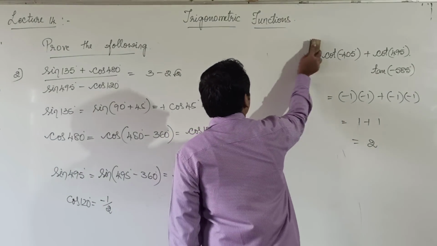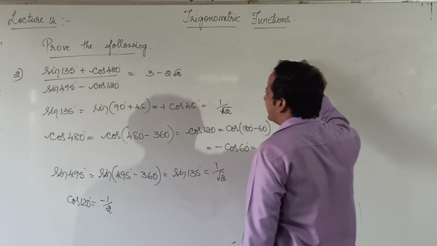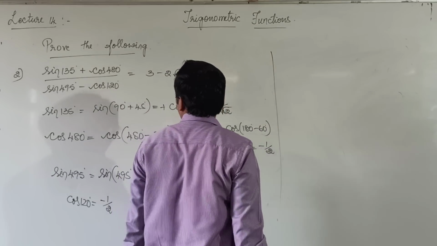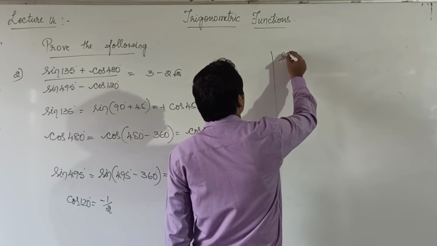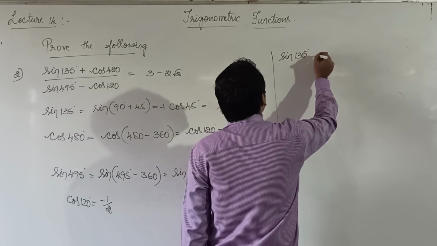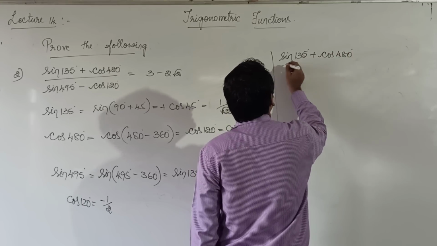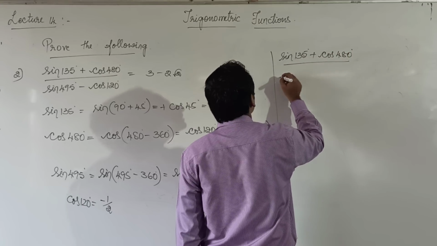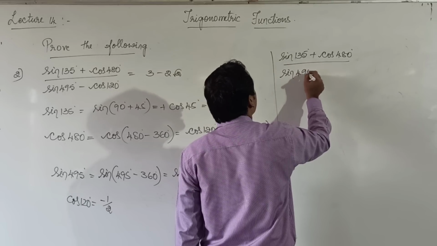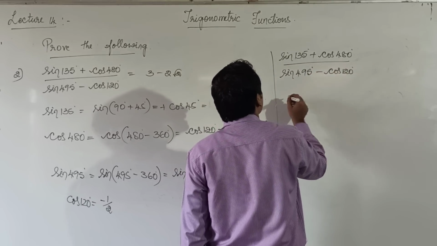Now let us take that expression. That expression is sine 135 degree plus cos 480 degree divided by sine 495 degree minus cos 120 degree.